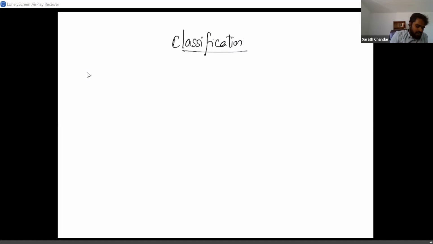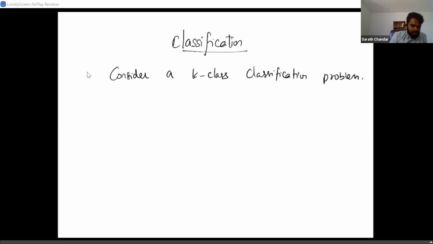Okay, so now let's consider a K-class classification problem. The classes are given by C1 to CK. There are actually 2 stages in this classification.